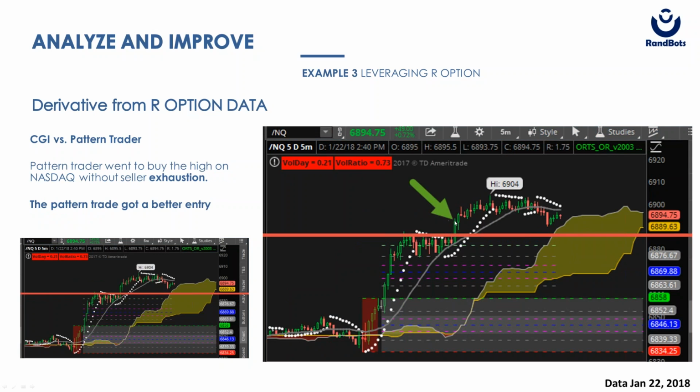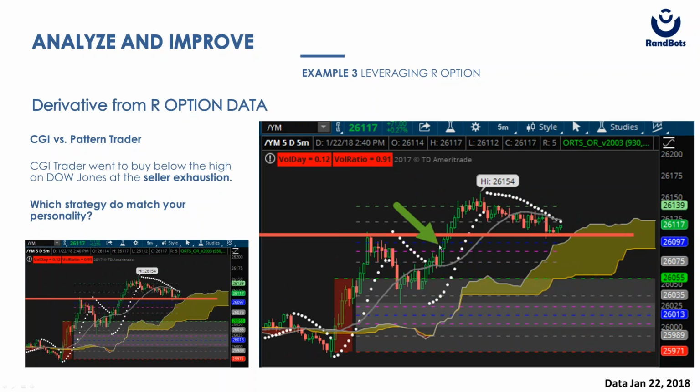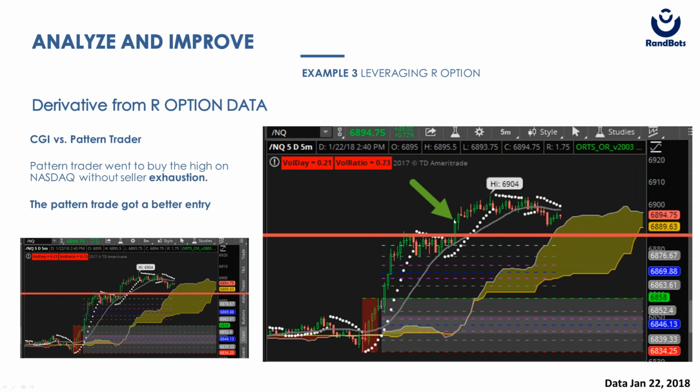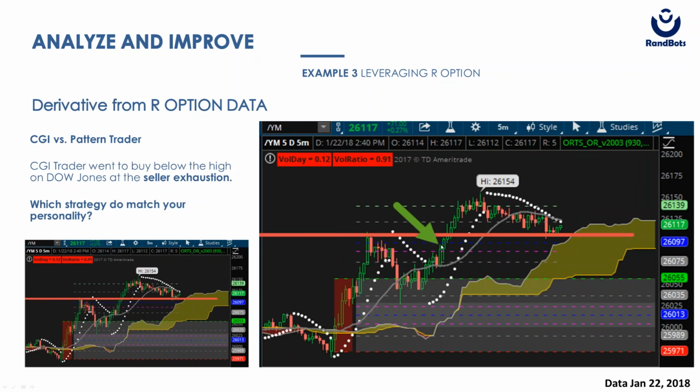However, in the timing, it shows you would have to buy this candle close. The computer analyzed that buying this candle close had less risk and more reward than buying the NQ here or the YM here, the Dow Jones.